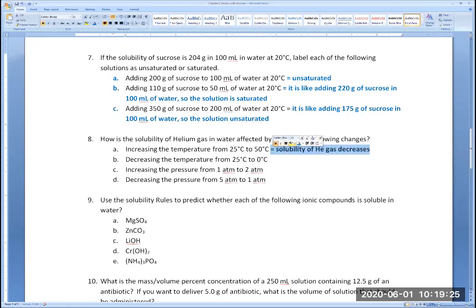It's important to remember that it's opposite of what happens to solids. And then if temperature is decreased from 25 degrees to 0 degrees Celsius, what happens to the solubility of helium gas? Yes, increases. So when the temperature decreases, you can put more gas into a liquid.